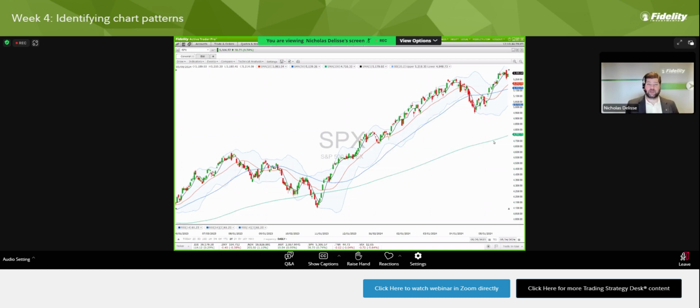So therefore, we know intermediate, short-term, and long-term trend is up. In addition, recently we had short-term trend down, short-term trend back up, and then again confirmed a little bit additional strength right here with the 20 crossing above the 50. So again, this is showing that trend currently is up.